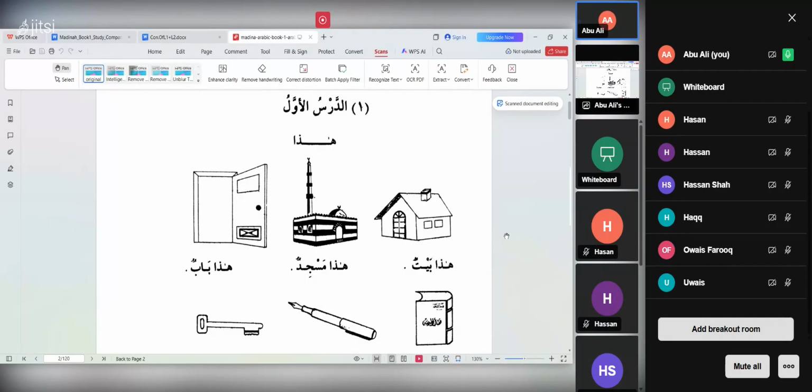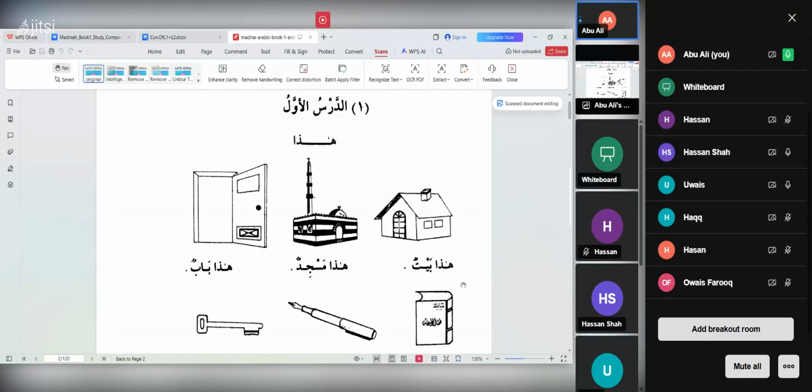Continue, بيت. Is baytun definite or indefinite? Baytun is, let me look back. Is it a predicate? Look at the signs at the end and at the beginning.